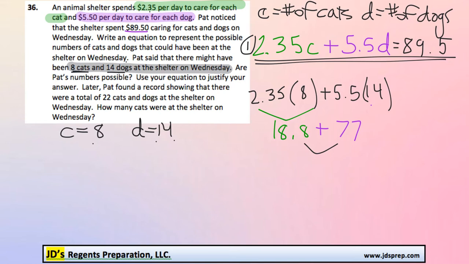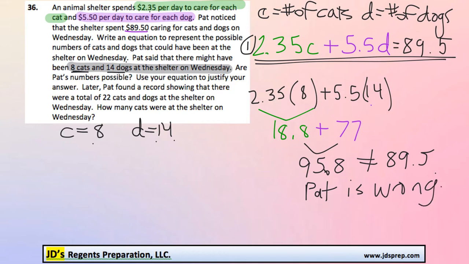And those combined gets us 95.8. So we can see that this is not equal to 89.5. So we could say, therefore, Pat is wrong, or those numbers are not possible.